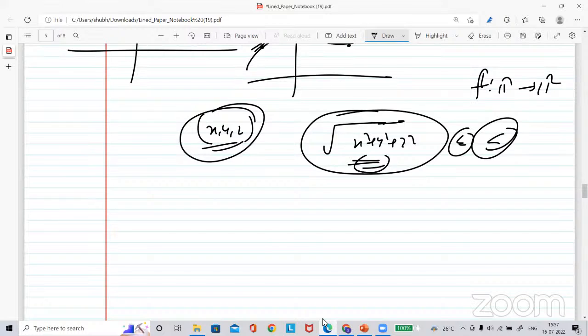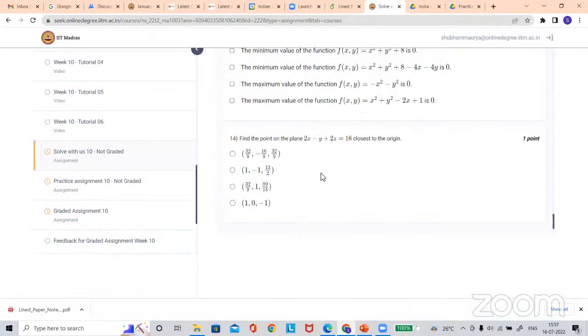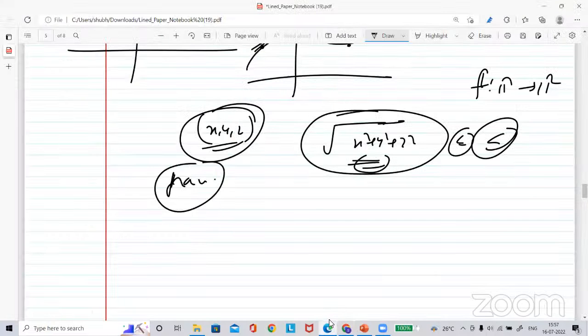In week 11 you will get finding the maxima and minima of a function. But here there is one condition, that your point should satisfy this plane. For such a case there is Lagrange maximum and minimum, and the Lagrange theorem will help you get it exactly. That is not covered in this course.